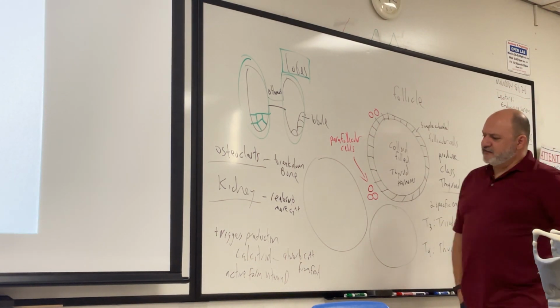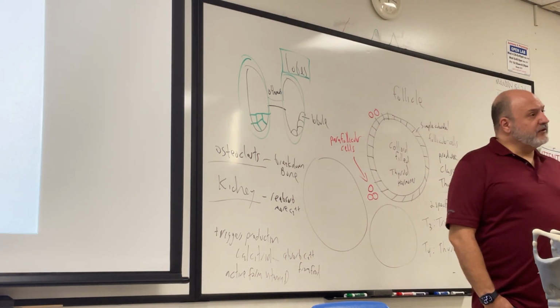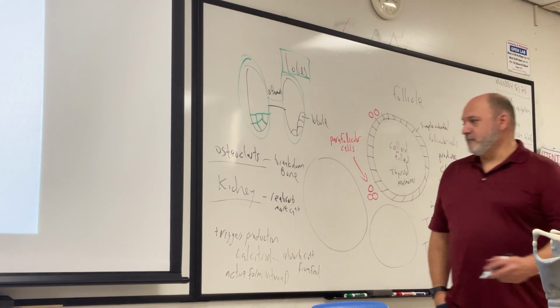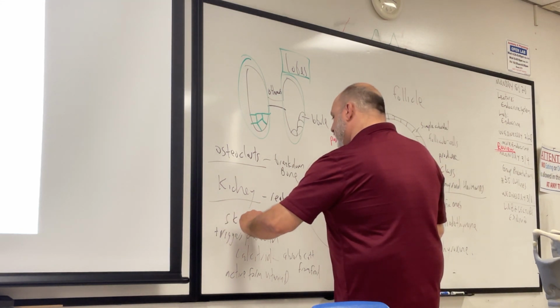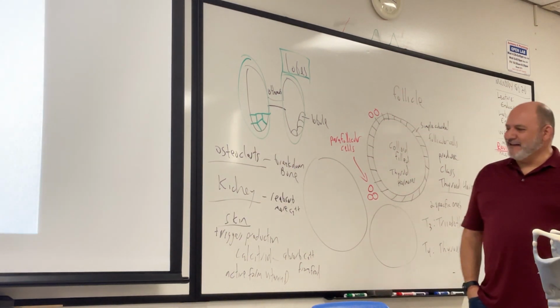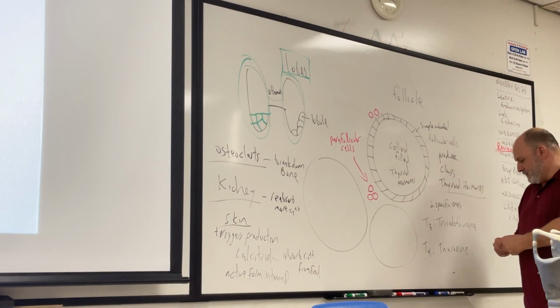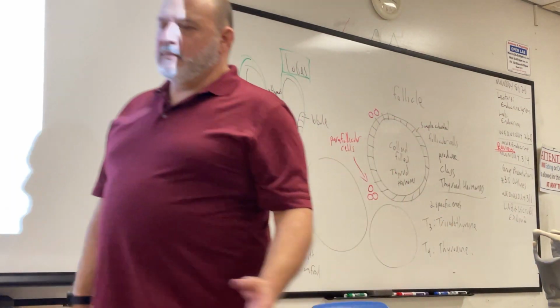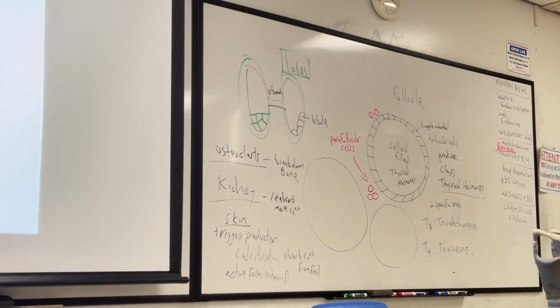And of course, where is that vitamin D formed? Skin. So our three targets would be the osteoclast, kidney, and the skin. Collectively, we could talk about the individual effects, but collectively, their goal is to increase calcium levels in the blood. And that would be fine to write as a function.